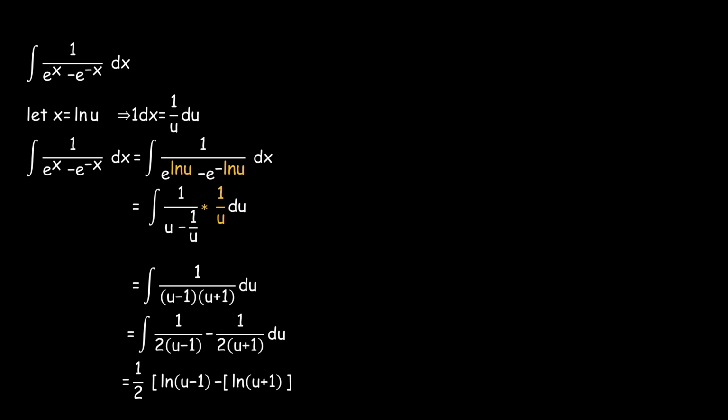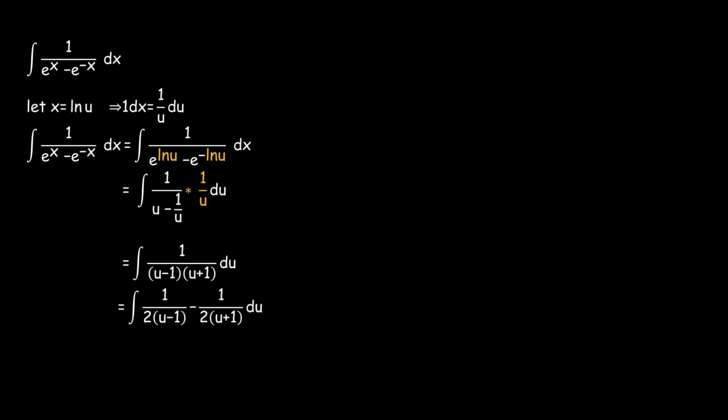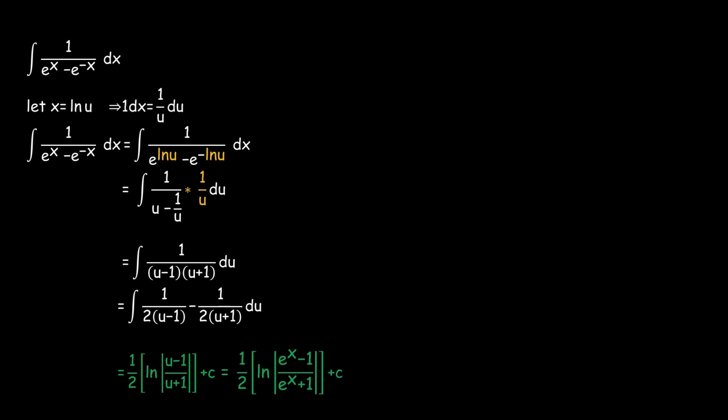And then using now the rule of logarithms, we're going to have half natural log of u minus 1 over u plus 1 plus the c. Replacing the value of u again at the end of the day. Don't forget, I almost forgot. So you would have e to the power x minus 1 over e to the power x plus 1.